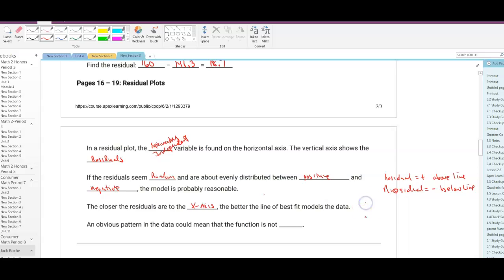When you plot your residual data, the closer these dots are to that horizontal axis, the better the line of best fit. An obvious pattern in the data could mean that the function is not linear.